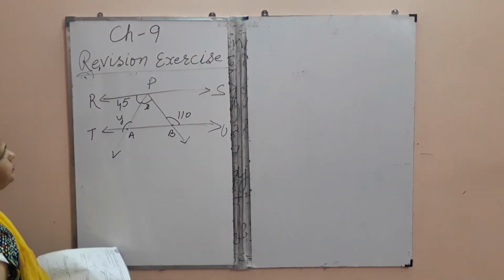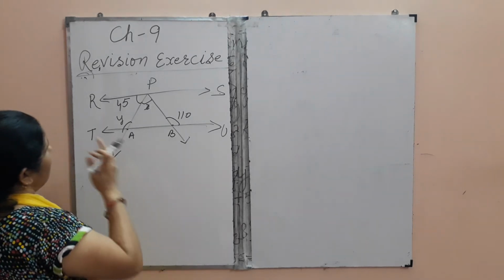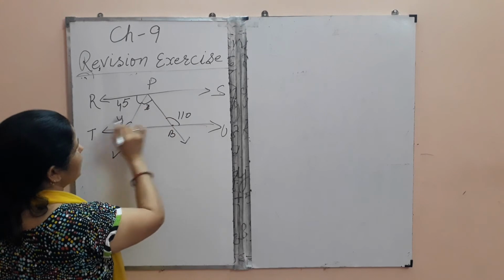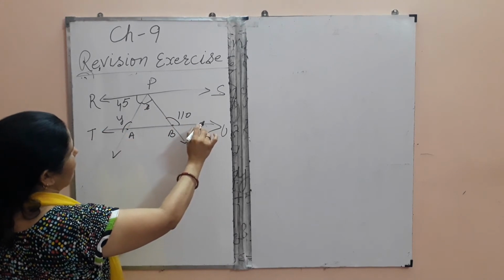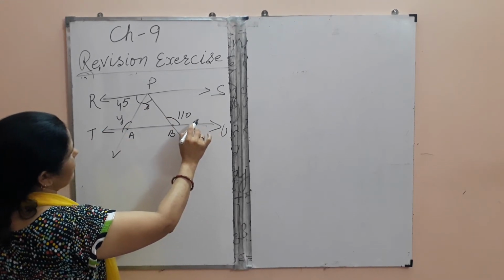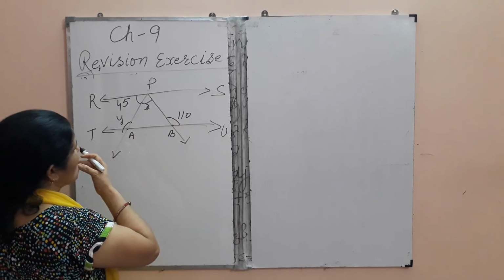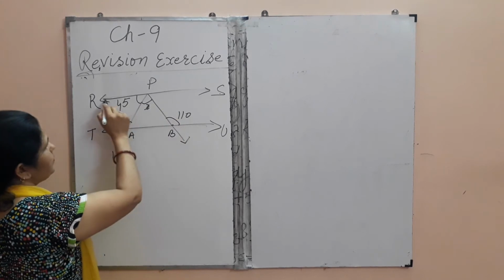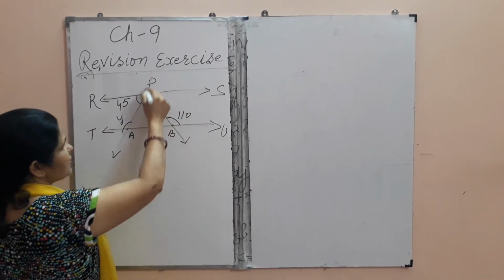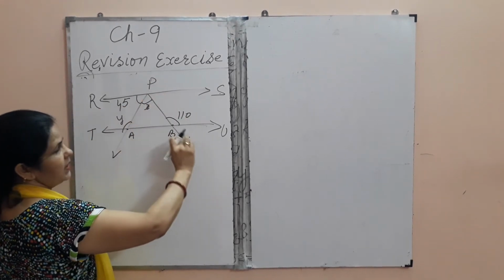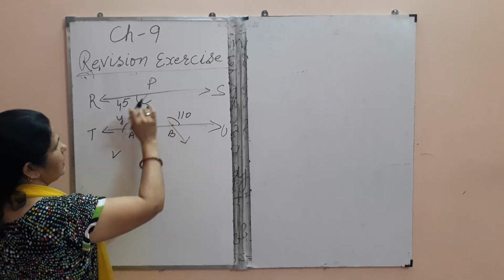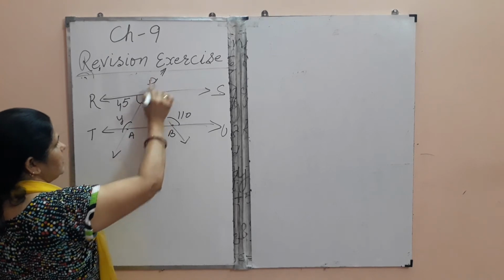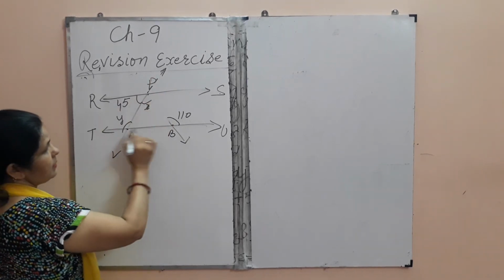Now see, in this, these two lines are parallel lines, and this is the transversal. Forget about this line just now. Only these two, and we will extend. If we extend it, then this is the transversal, and these two lines are parallel.